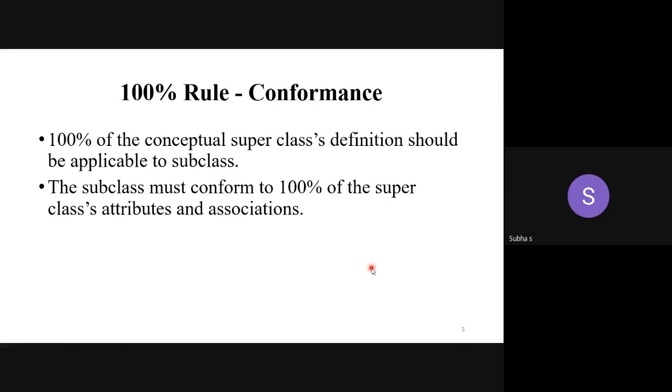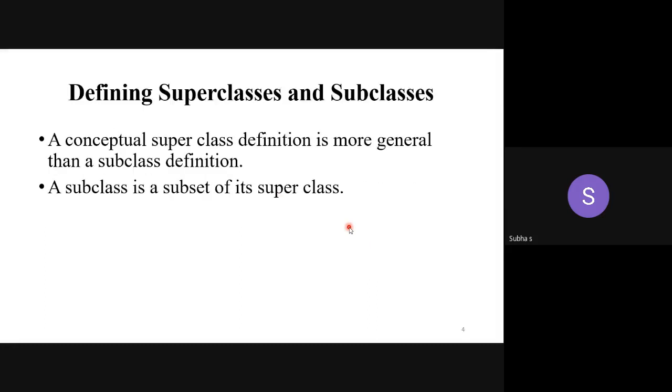For defining the superclass and subclass, there are two rules that are used. 100% rule and then is a rule. These are the two rule names. 100% rule means 100% of the conceptual superclass definition should be applicable to subclass. Suppose I am having the same payment.